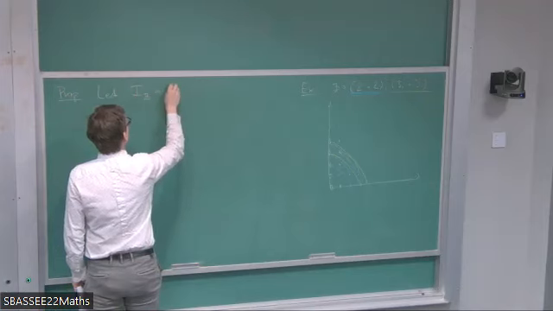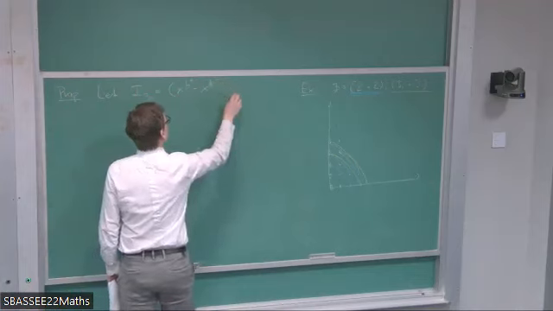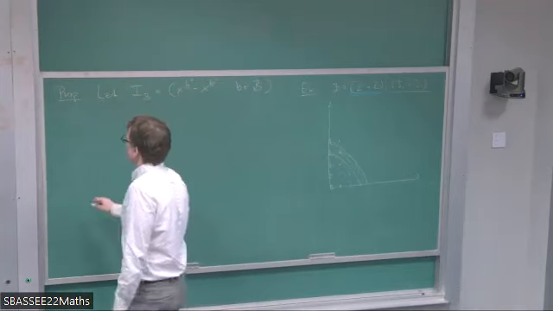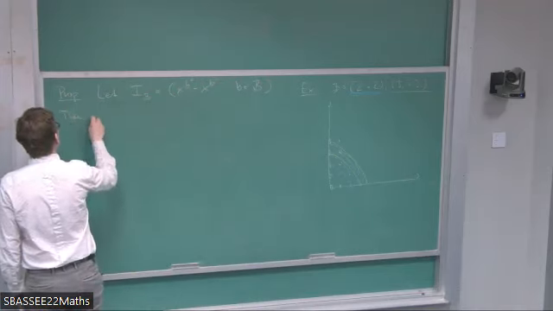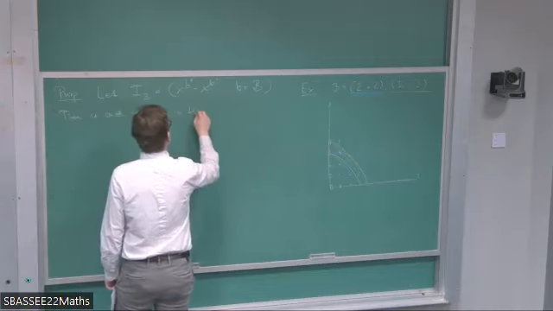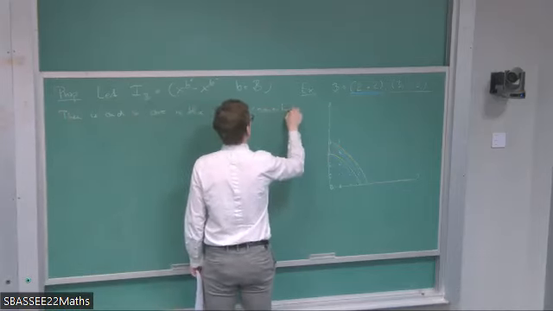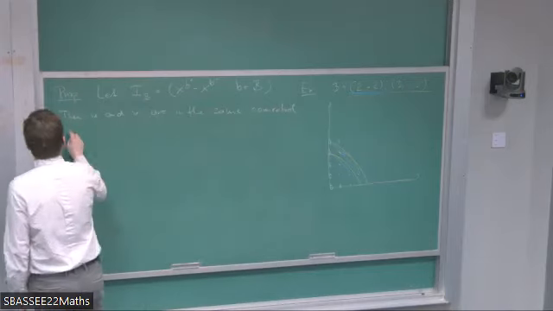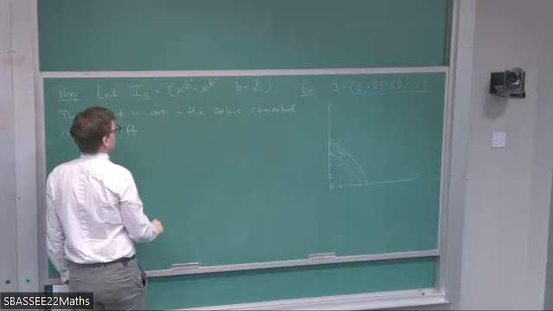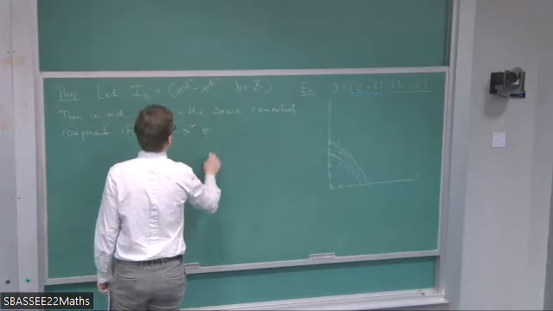Let I_B be the ideal generated by x^(b+) minus x^(b-) for b in our set B. Then u and v are in the same connected component if and only if the corresponding binomial x^u minus x^v is in that ideal.